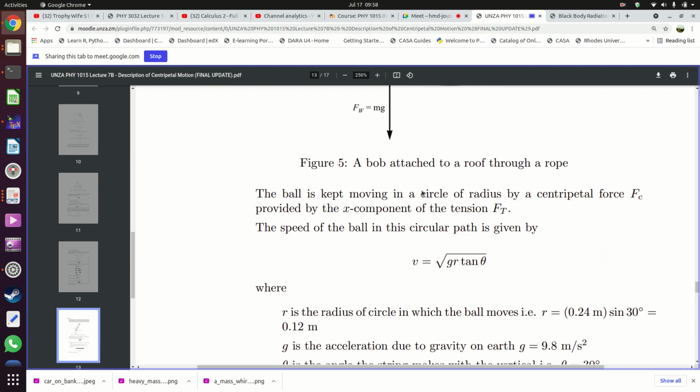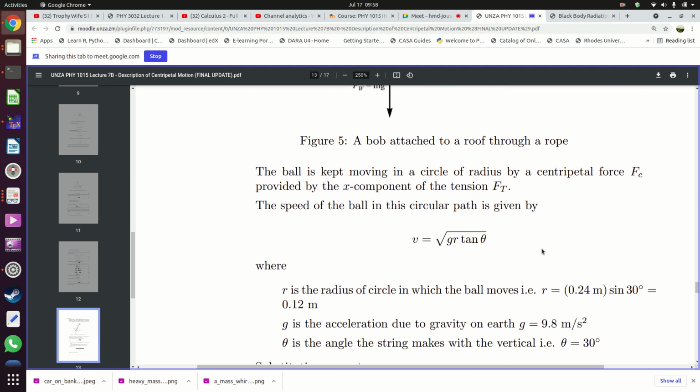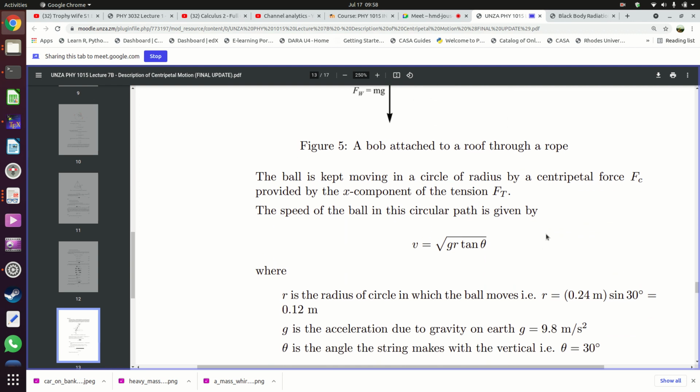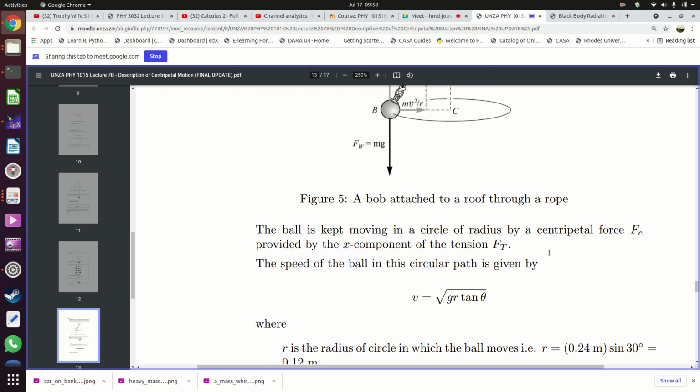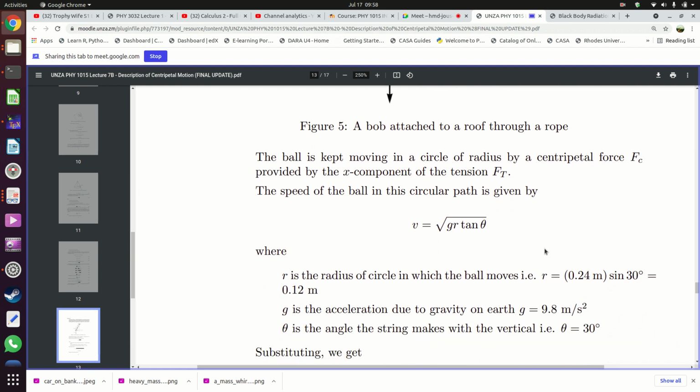We can find r by multiplying the length times the sine of the angle. So the velocity v is going to be equal to the square root of gr tan theta. Our r is going to be 0.24 meters multiplied by sine 30, which gives us r equal to 0.12 meters. Then our g is 9.8, and our theta is 30 degrees.